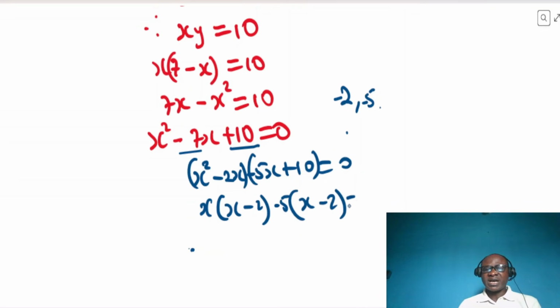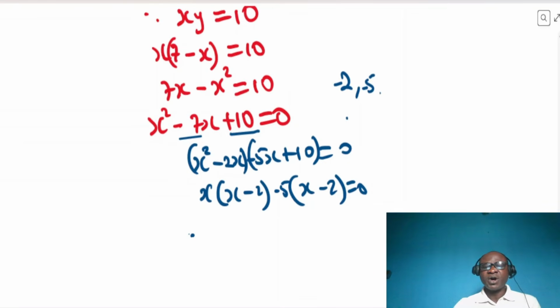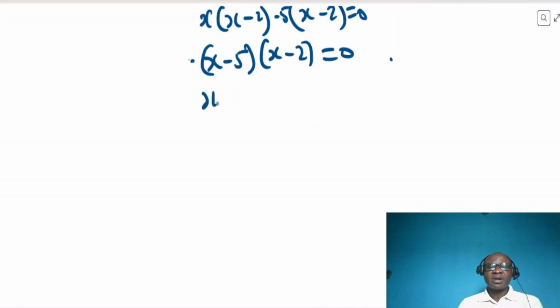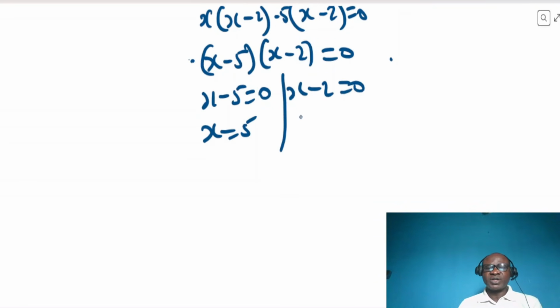Yes, the factorization now is correct. So moving forward, I am going to have x minus 5 and x minus 2 equal to 0. x minus 5 equal to 0, and the x here is 5. x minus 2 equal to 0, and the x here is 2. So I have gotten two values of x.